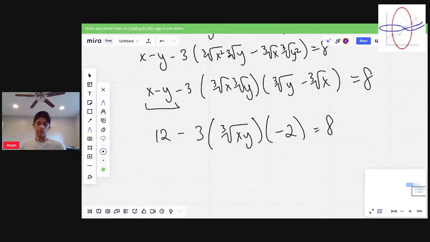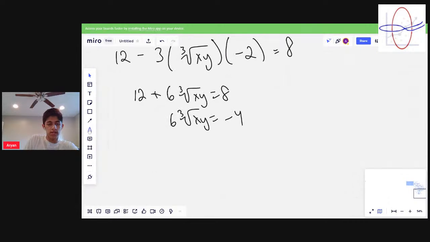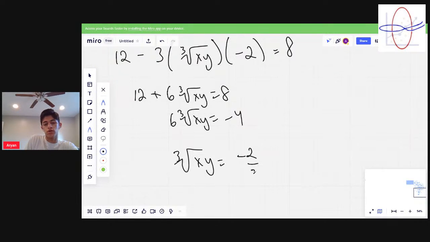And now the solution might be clear, right? Because basically I'm left with 12 plus 6 times the cube root of xy equals 8. So 6 times the cube root of xy equals negative 4, which means that the cube root of xy equals negative 2/3.